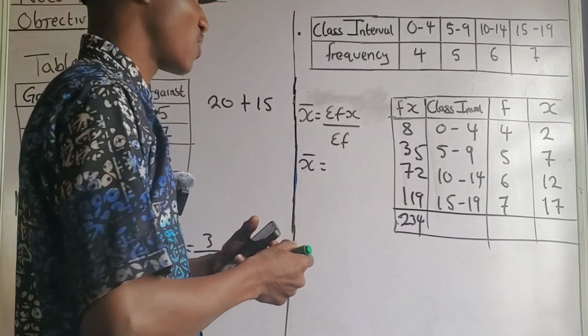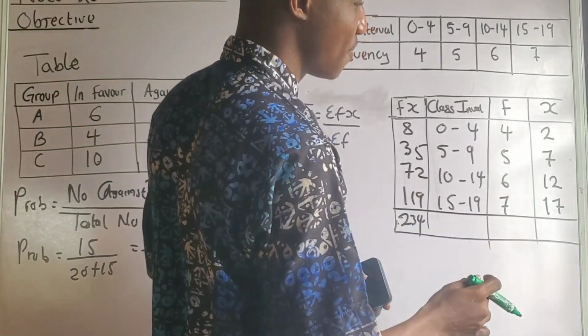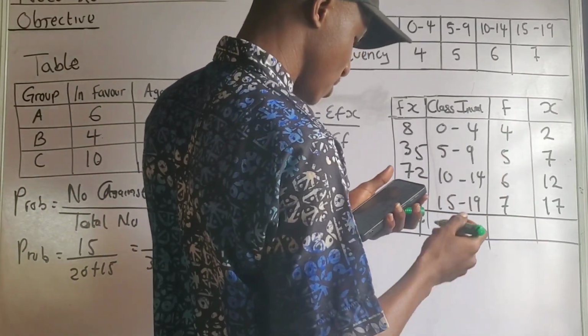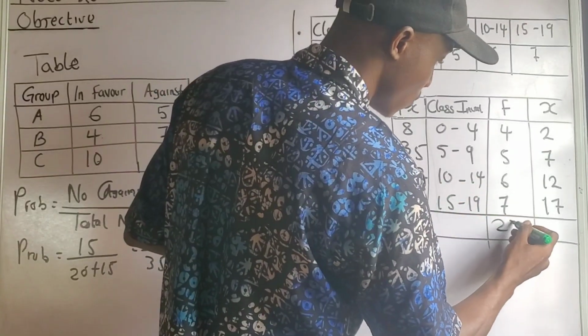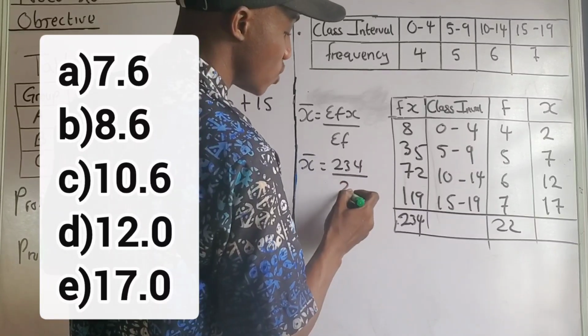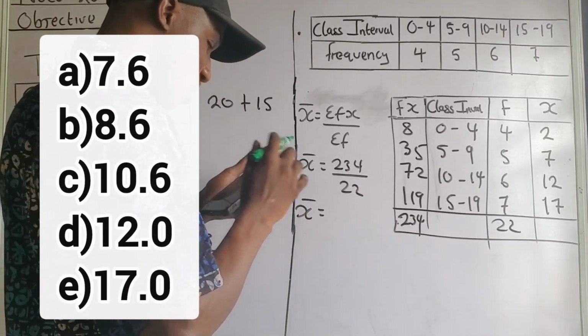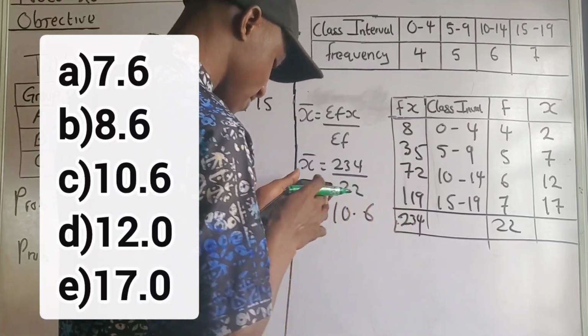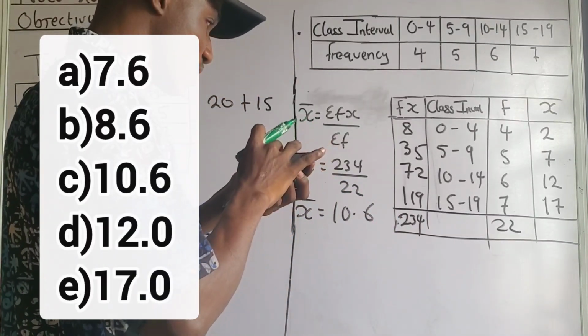Summation f simply means add all these together, and the sum is 22. So the mean equals 234 divided by 22. That is 10.6.